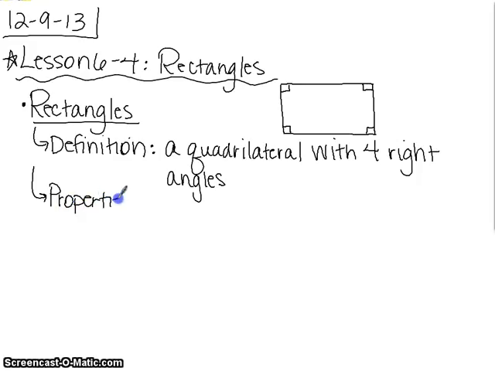Once we know that something is a rectangle, there's one additional property. This one additional property is that the diagonals are congruent.